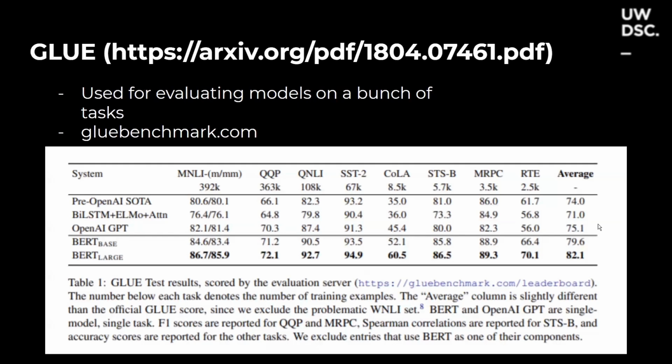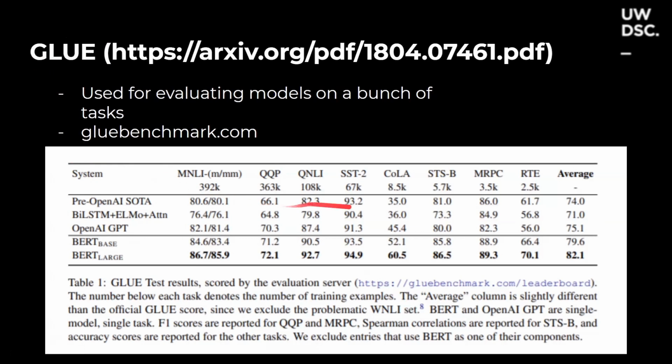Last time I talked about BLEU and why it's kind of not great for actually evaluating the translation of transformers. And so in this new thing, they devised a different benchmark for evaluating text models.